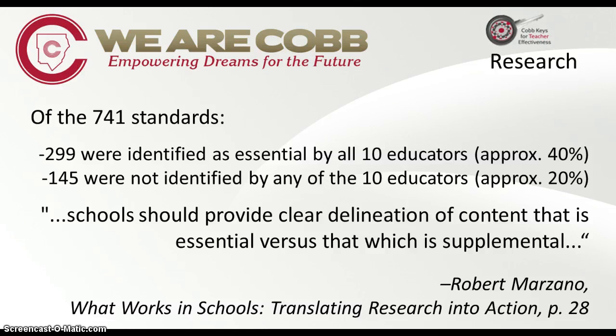They identified all 10 educators uniformly about only 40%, and there were about 145 not identified by any of the 10 educators, or about 20%. Marzano says schools should provide clear delineation of content that is essential versus that which is supplemental.